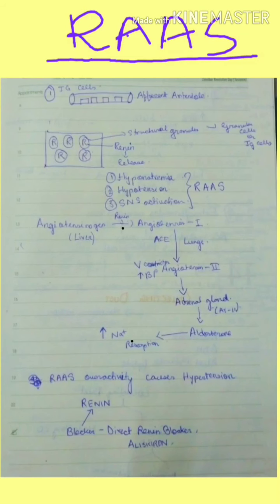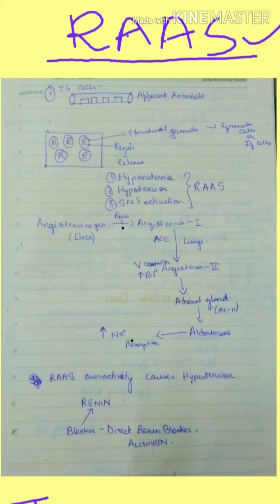We'll start with RAAS, or Renin angiotensin aldosterone system. It is a very important topic, but first we have to see what is JG apparatus.